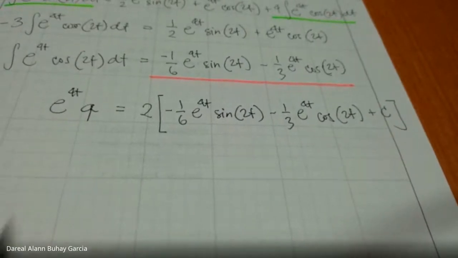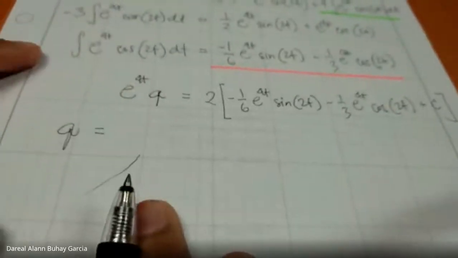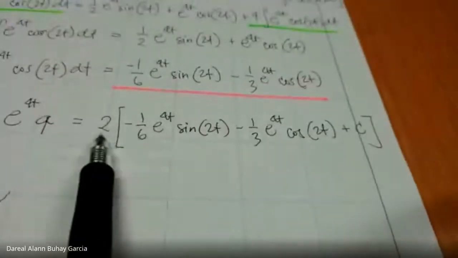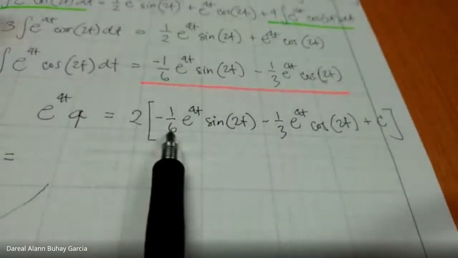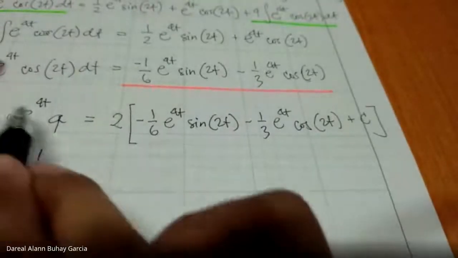Dividing everything by e to the power of 40, we get the expression for Q. Our Q of t would be equal to, if you multiply C by 2, it's a constant anyway, so it combines. This becomes negative 1/3, and e to the power 40 cancels, so sin 2t.